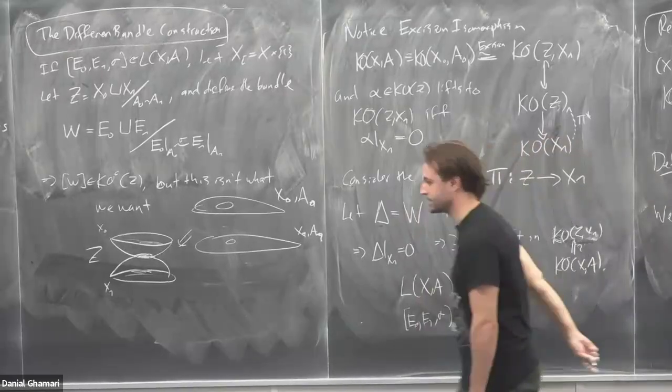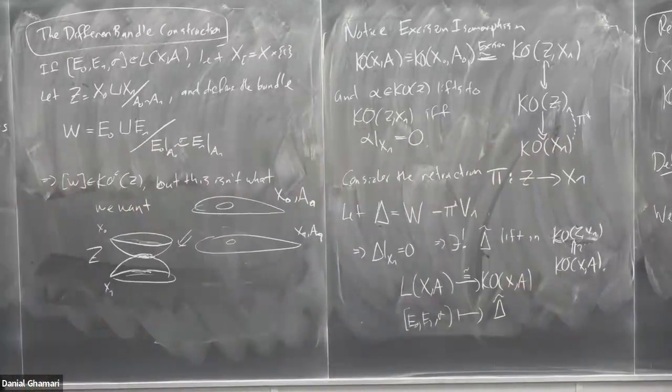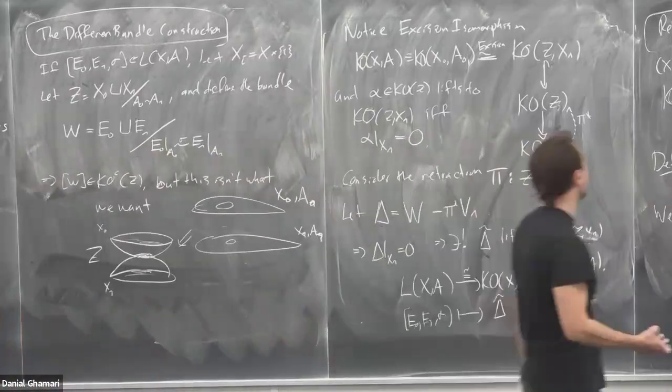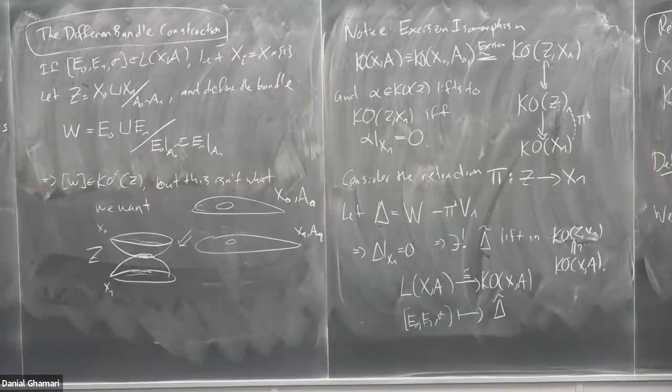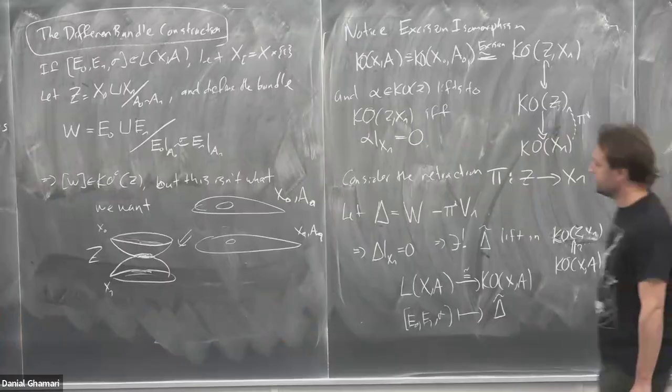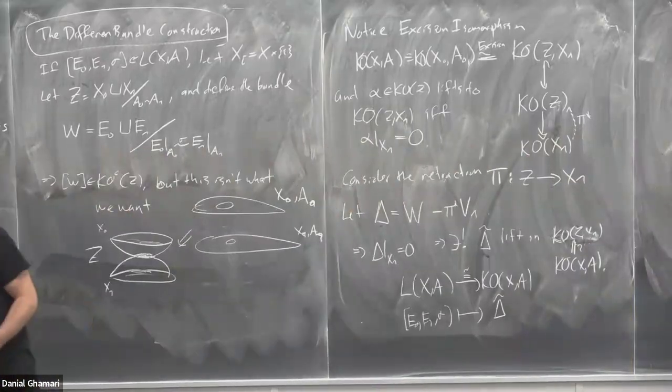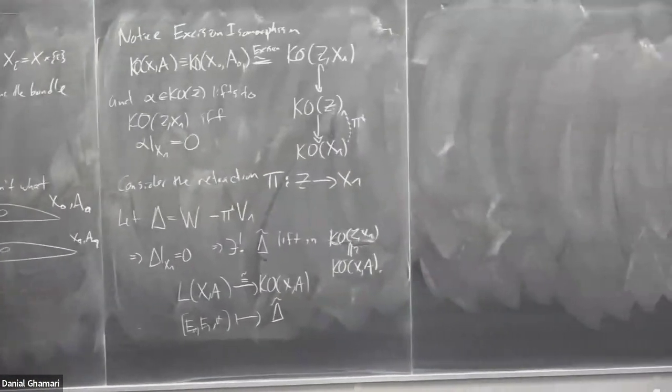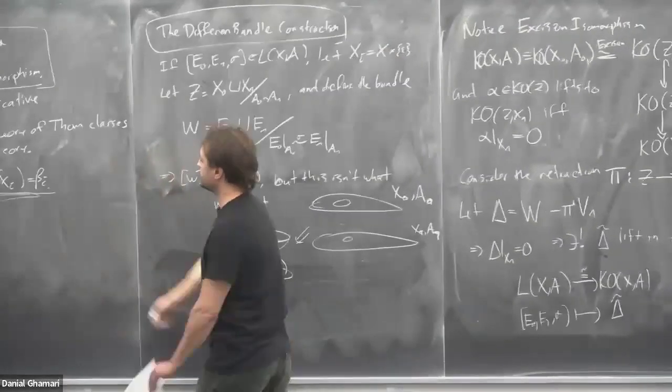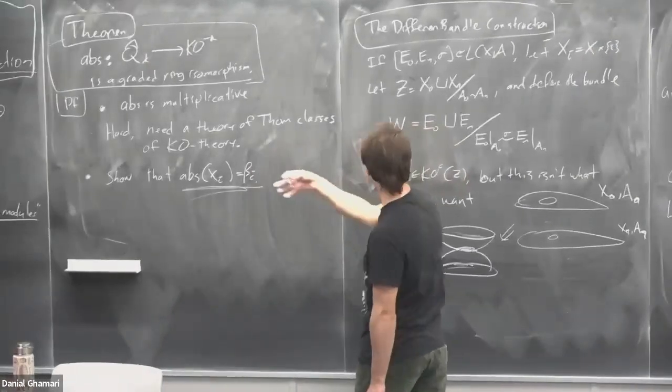This is the Euler characteristic difference bundle construction that Atiyah and Bott worked out in their paper. They were the first people to get this isomorphism. But the point now is that we want to construct actual geometric representations of these, because this was constructed as a bundle over a sphere.